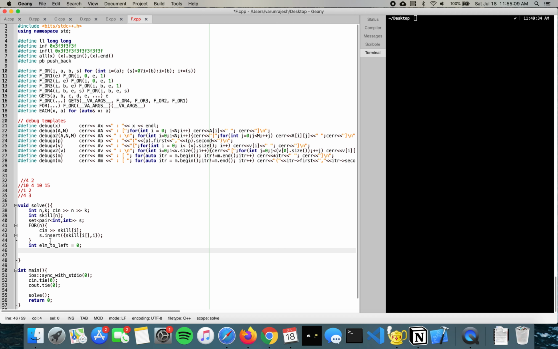And then let's keep track of our previous pair, because we want to know whether this skill level that we're at is the same as the previous skill level. So let's just leave previous as 0, 0 as a backstop. Now let's iterate through all elements in this set.